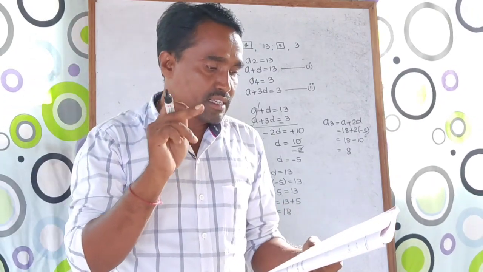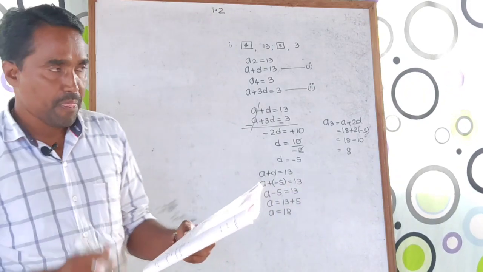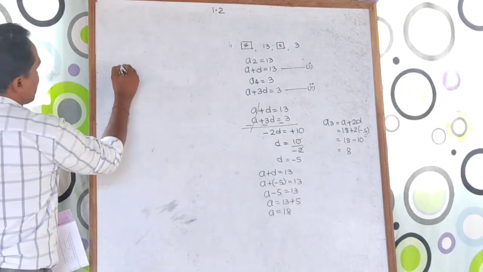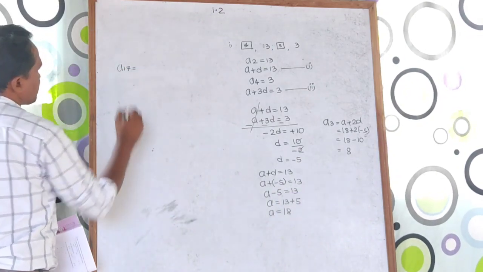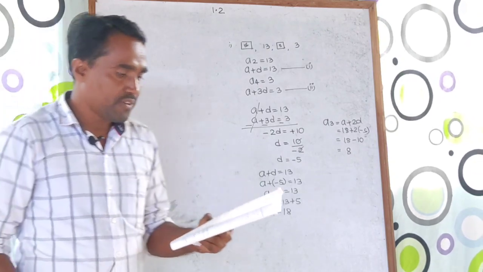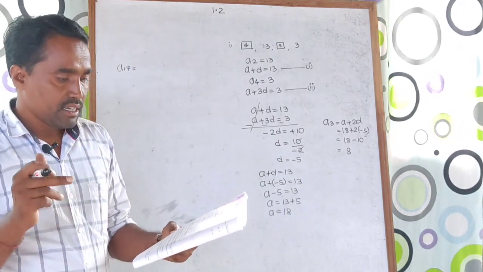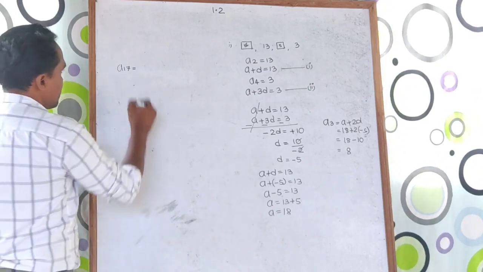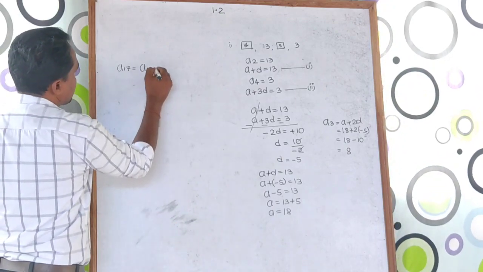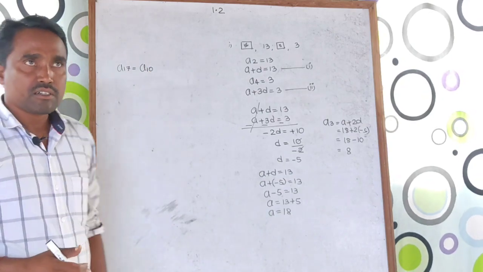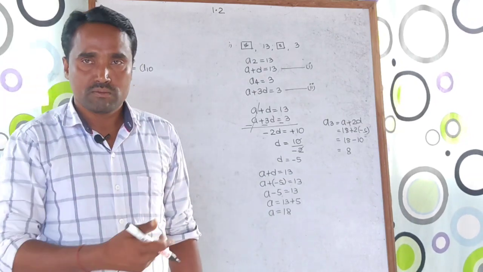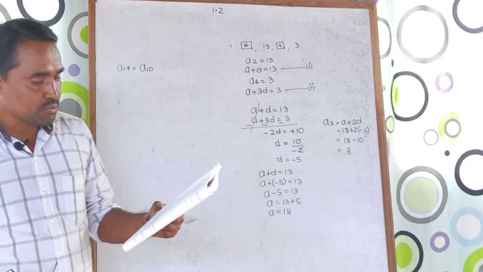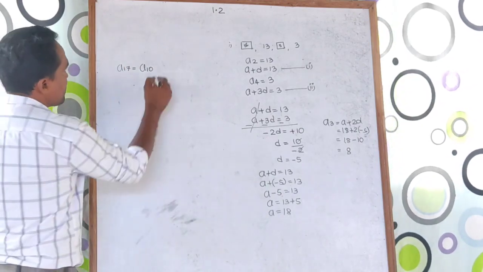The 17th term of an AP, A17, exceeds its 10th term. Exceeds means to add, and it exceeds by 7, that means plus 7.